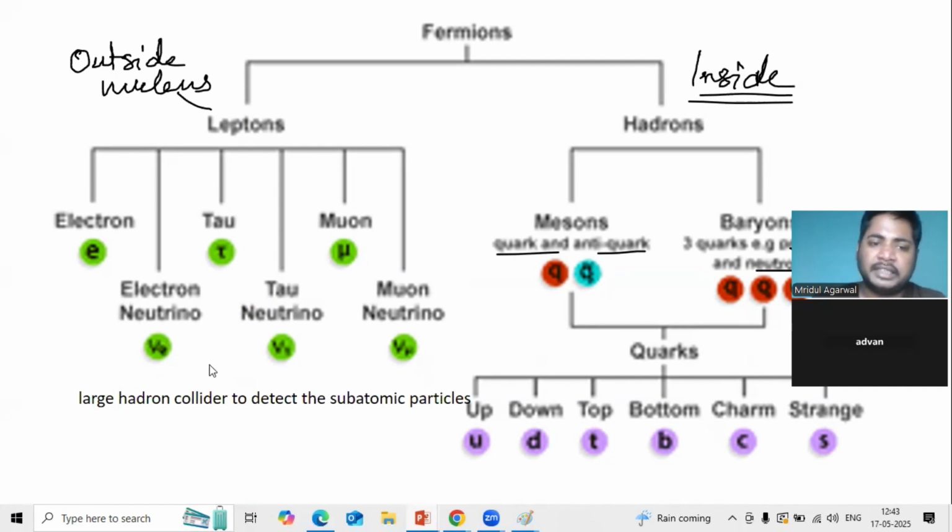Basically, the Large Hadron Collider that I showed you in the class detected the subatomic particles. If you talk about the hadrons, these consist of mesons and baryons. In the mesons, you have quark and antiquark. Similarly, in the baryons, you have the protons and the neutrons. And these quarks can be up, down, top, bottom, charm, and strange. You can remember their fractional charges to solve the problems.